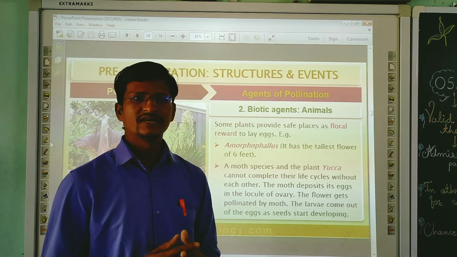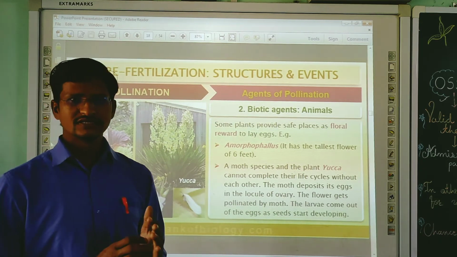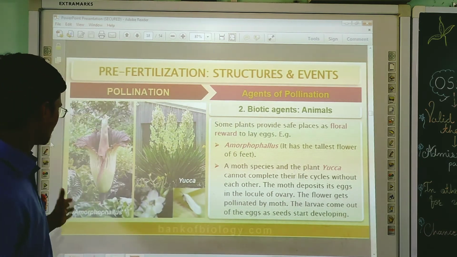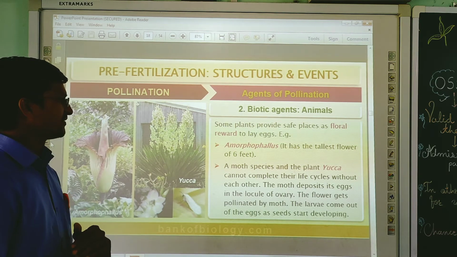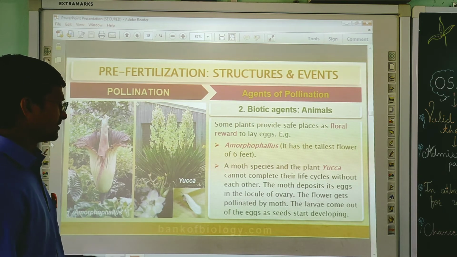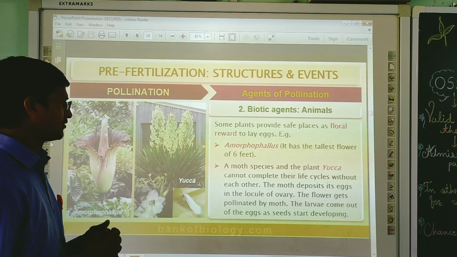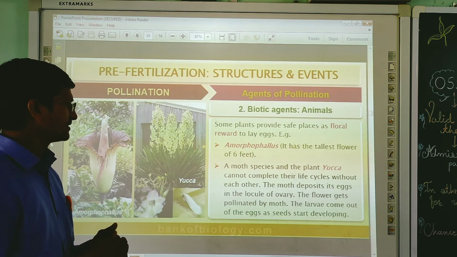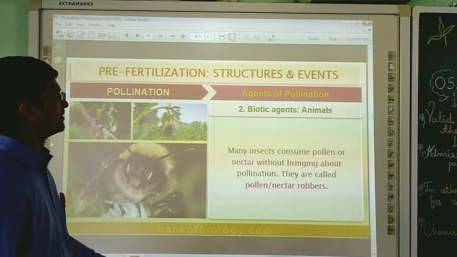One program is there, in that also you can see the highest and lowest. Amorphophallus is the tallest flower of 6 feet. And moth species and the plant yucca cannot complete their life cycle without each other. So this is some additional information for you.